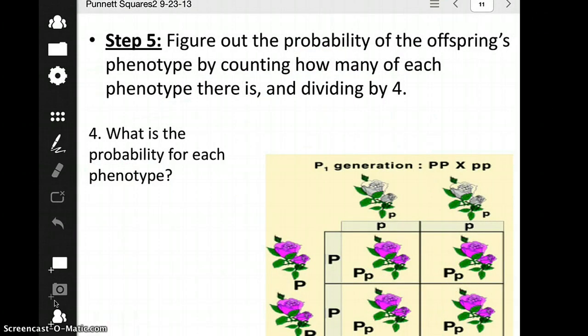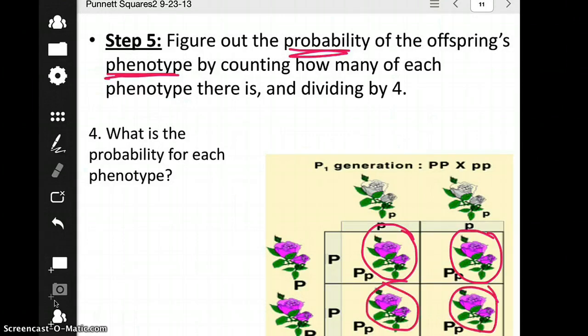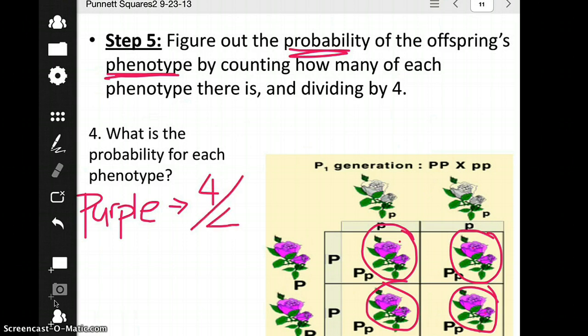All right, now we're going to figure out the probability of the phenotype. Remember, phenotype is physical appearance. So this is how we do it. Let's look at the phenotypes possible. We have purple here. We have purple here. Purple, purple. All right. So let's see. For purple, we have a purple phenotype. We have 1, 2, 3, 4 purples out of 4 possible.